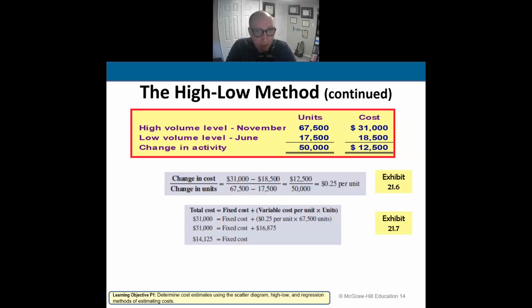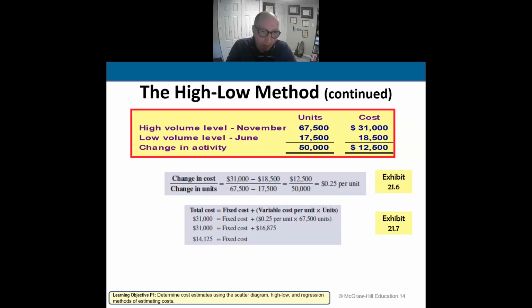So I take high minus low. High, November, 67,500, minus low, 17,500. So the change is 50,000 units, high minus low. The change in cost, high minus low, is 12,500.